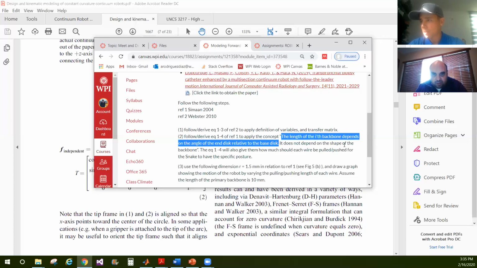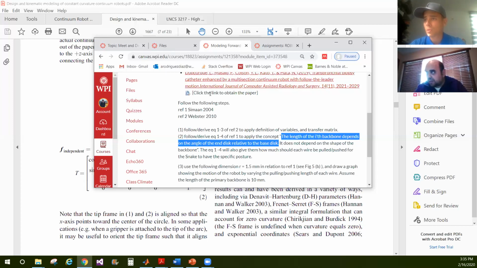It does not depend on the shape of the backbone. Equation 1 through 4 will also give them how much each wire should be pushed from the snake to have the specific posture. So for equation 1 through 4, we have to open the other article, right?